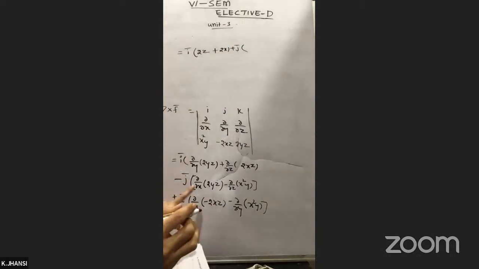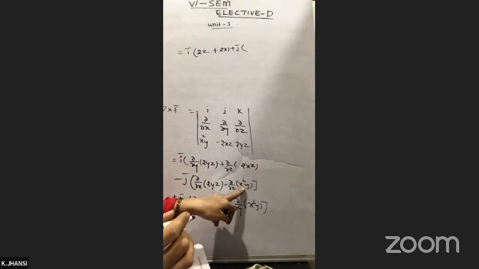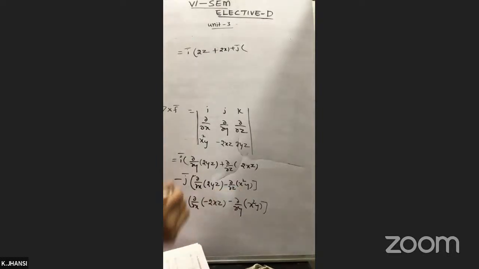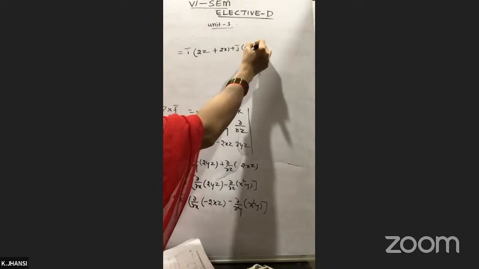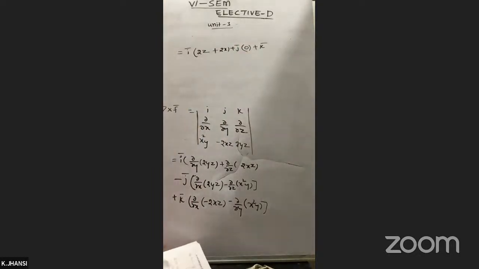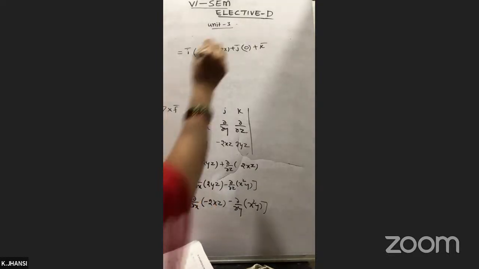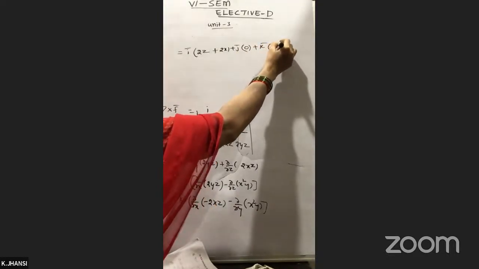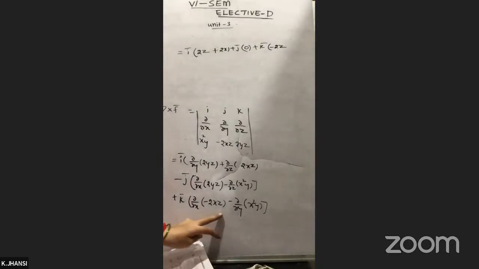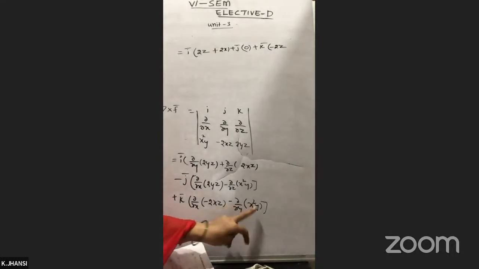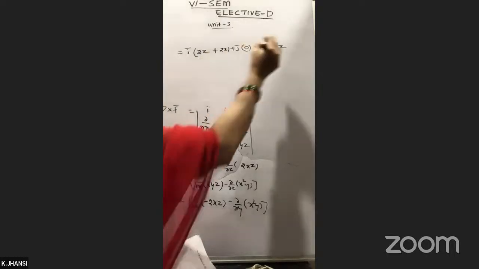Plus j times dou x: here x is not there, so it becomes 0, and here z is not there, so this also becomes 0. Plus k times dou x of minus 2xz, where x differentiation gives minus 2z, minus dou y of x square y, which gives x square.